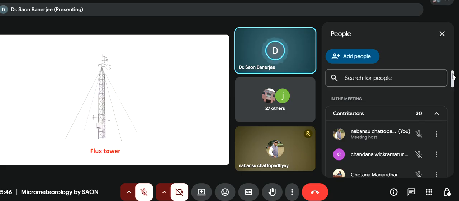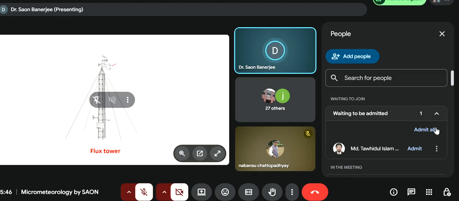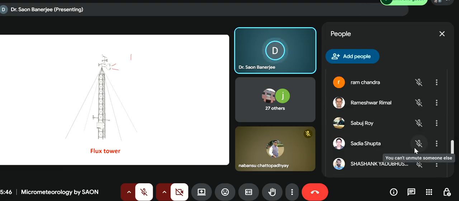Now coming to the flux tower. As I told, that is a very costly instrument. So here there is one sonic anemometer, here is another sonic anemometer. So we can know how the wind is coming towards this side or towards the upper side, and always we determine the concentration. For example, how much is coming towards the ground and how much is going towards the upper side.